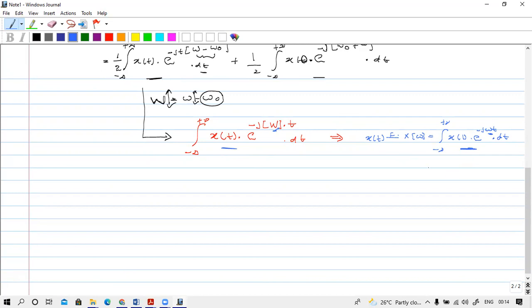So here, if we do this integration and apply the limits, you will get the function of omega, and it is denoted with capital X(omega).